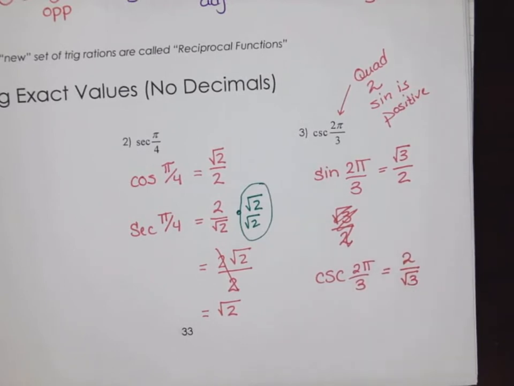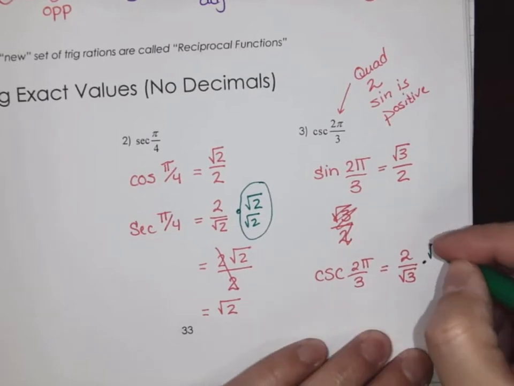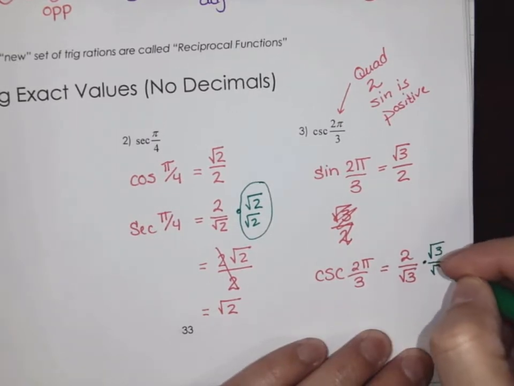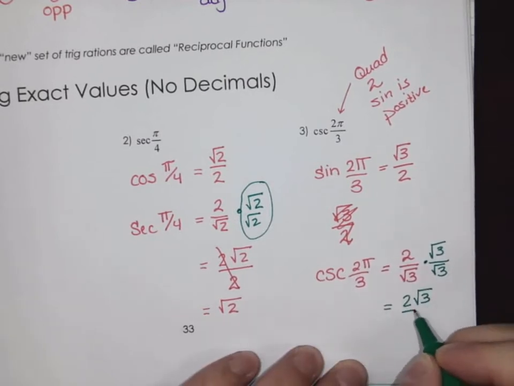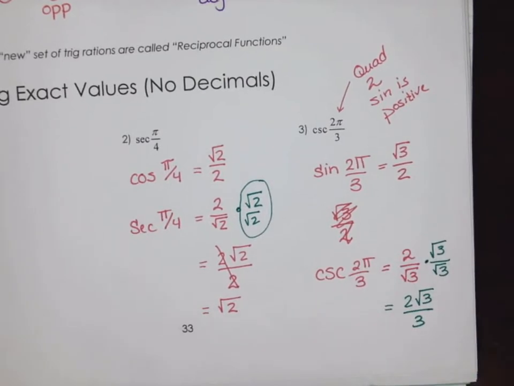Let's rationalize that denominator for funsies. Can I simplify that one? No, I cannot.